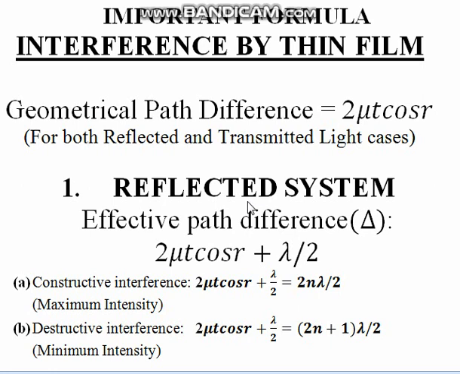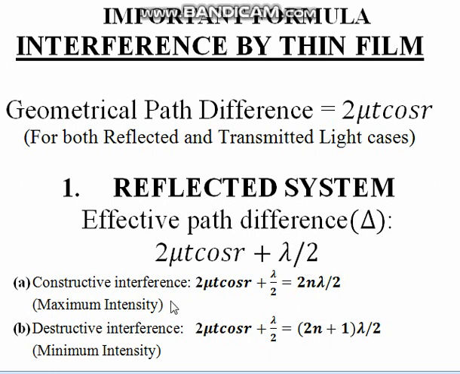There is an additional phase difference of pi, and pi phase is equivalent to lambda by 2 path difference. So the effective path difference is 2 mu t cos r plus lambda by 2, and we use this final formula for our numerical problems.